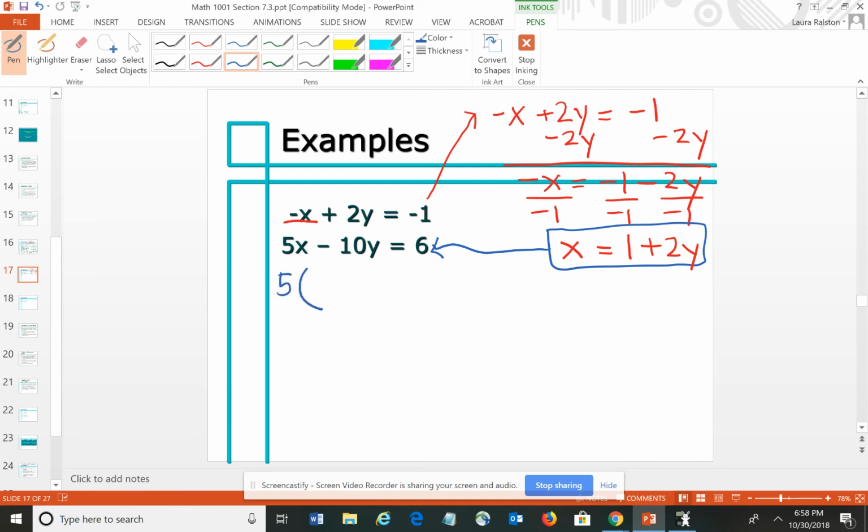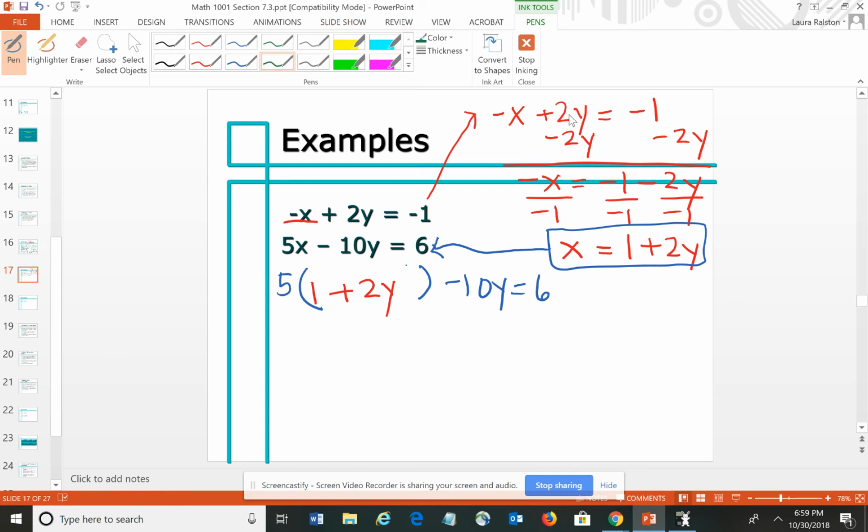So I would have 5 times 1 plus 2y, taking out the x and substituting in 1 plus 2y, because we know they're equal, minus 10y equals 6. And then we do the algebra.